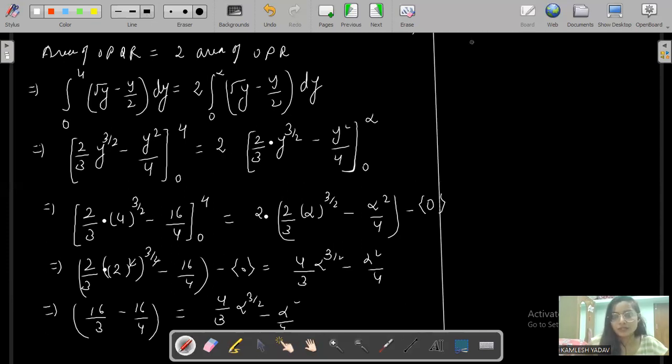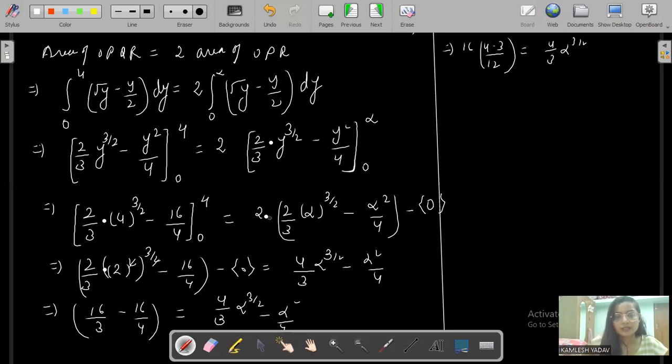So here after calculation, we take 16 as common, then 4 minus 3 divided by 12, which is equal to 4 by 3 alpha to the power 3 by 2.